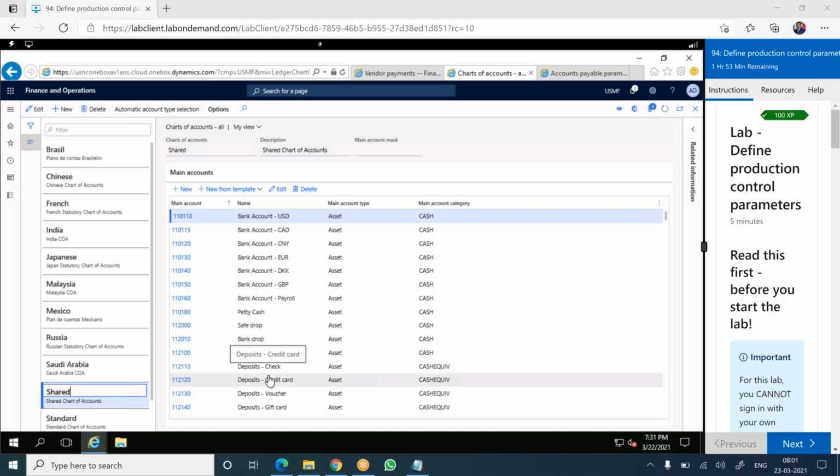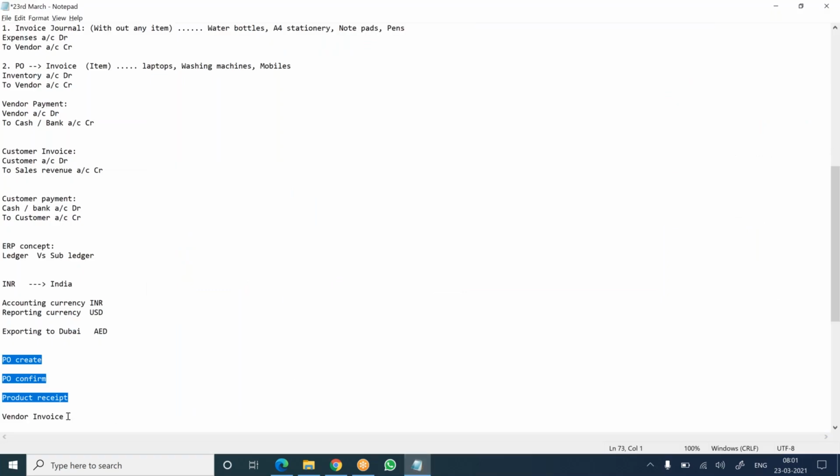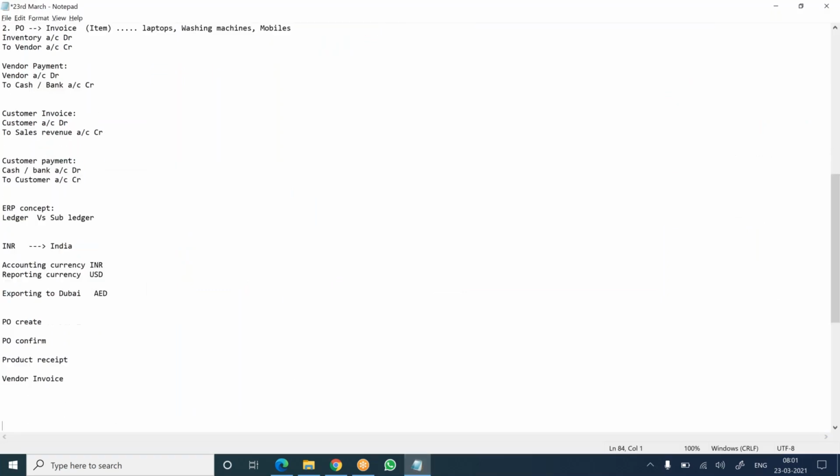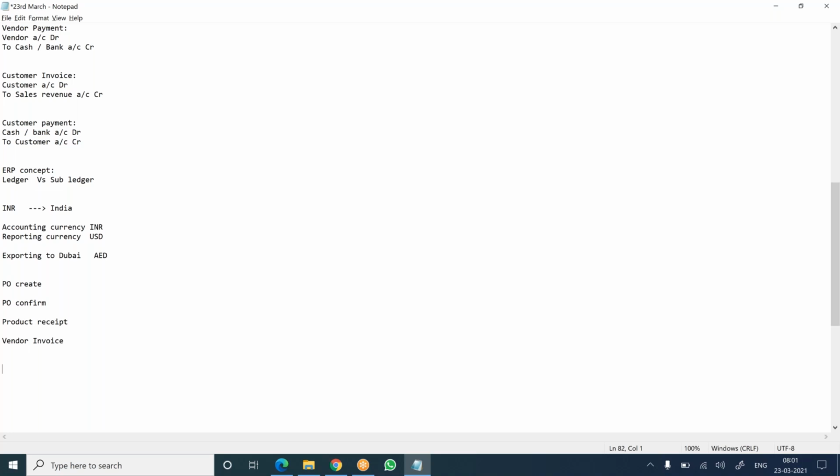Do we have to create all these main accounts each and every time for each legal entity? So that is enterprise level data. I will discuss this one. I'm introducing the word enterprise level data. This I will explain to you later.